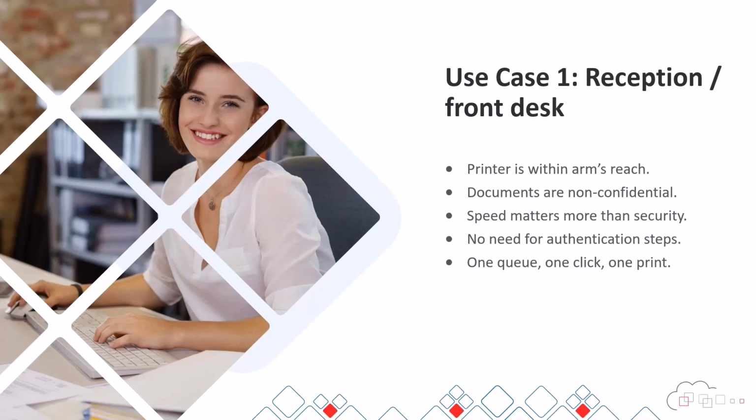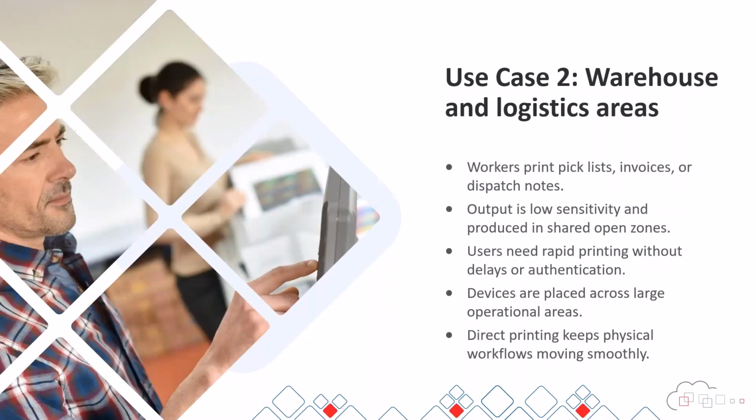Now let's look at another environment where fast direct printing supports continuous activity within the business. With this particular use case, it's a warehouse team who prints labels, picking lists, and dispatch notes throughout the whole day.